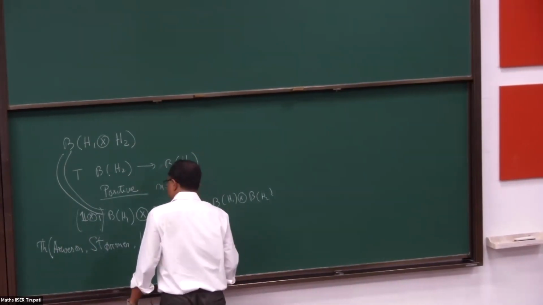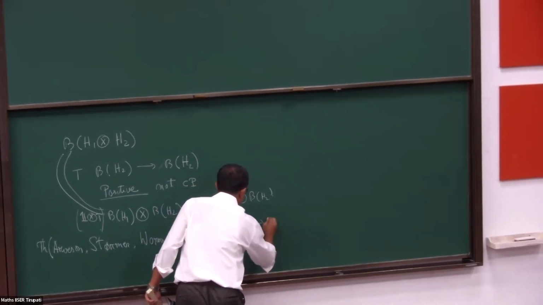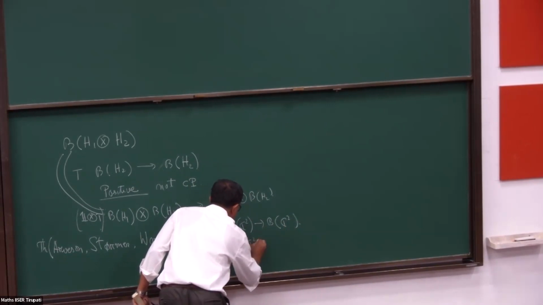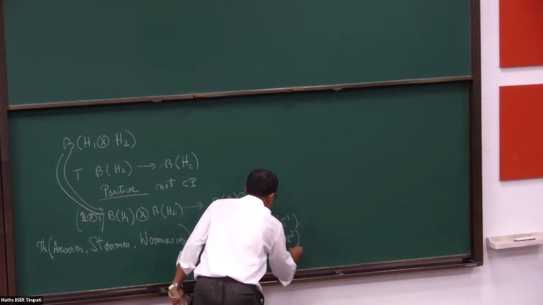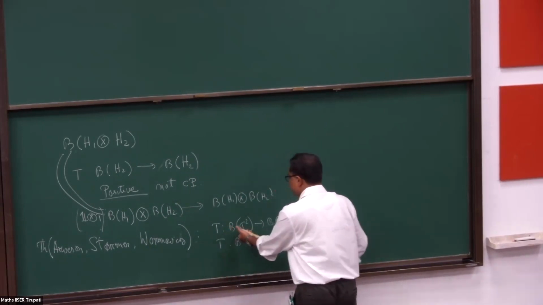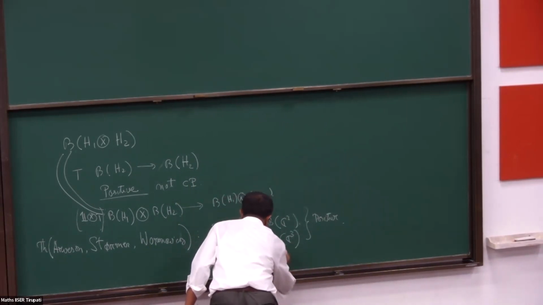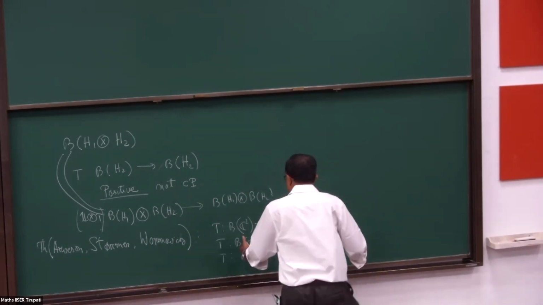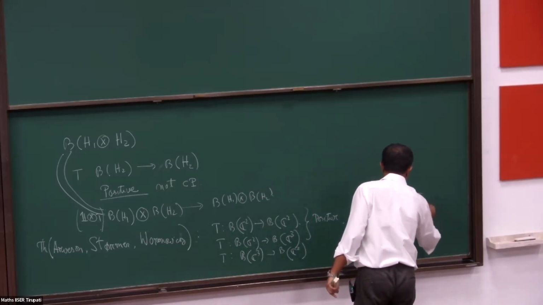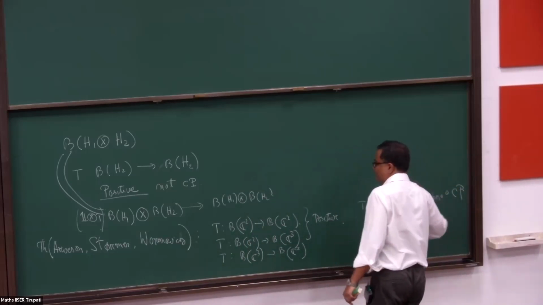That any transformation T from B of C2 to B of C2, or T from B of C2 to B of C3, or B of C3 to C2, which maintains positivity, that means sends positive elements to positive elements, can be broken in this way as a completely positive map plus transpose composed with a completely positive map.